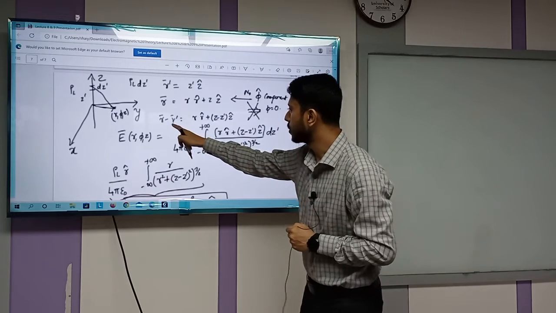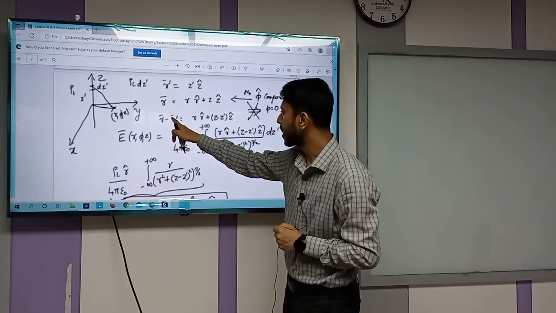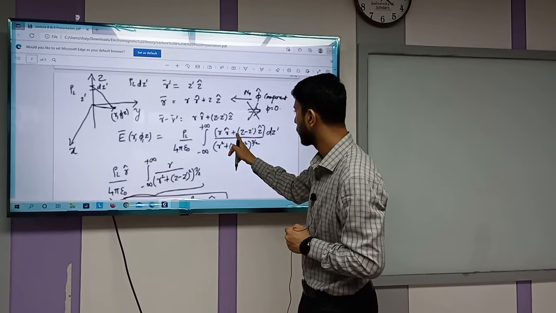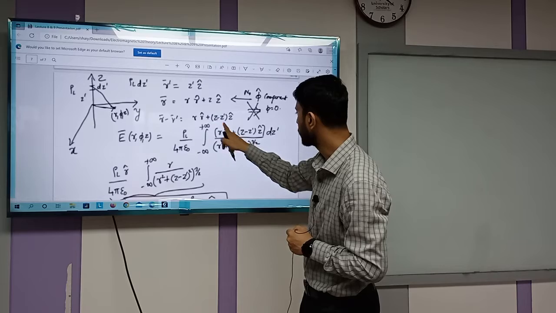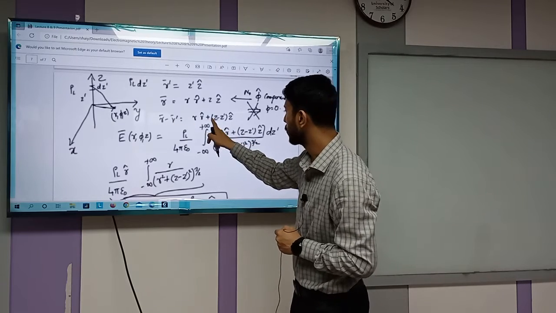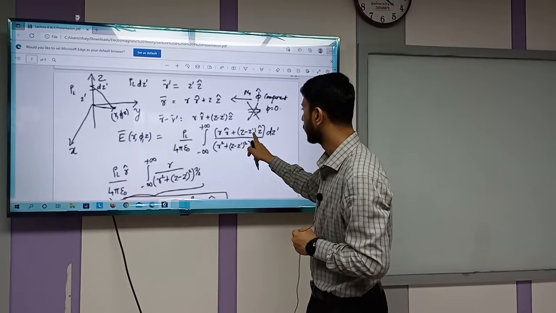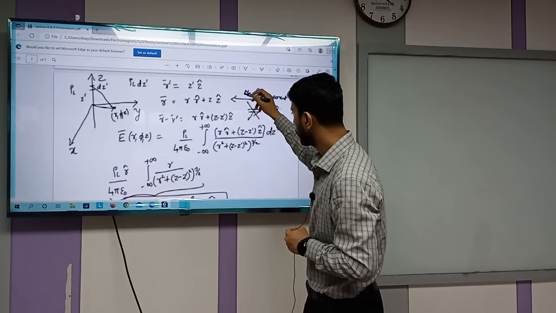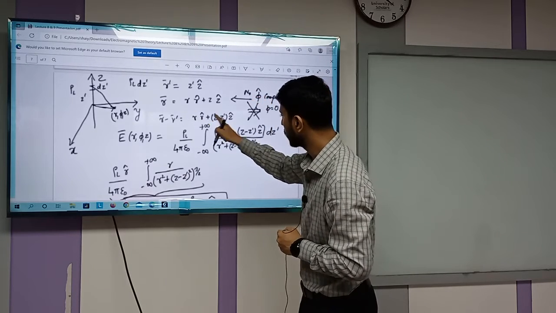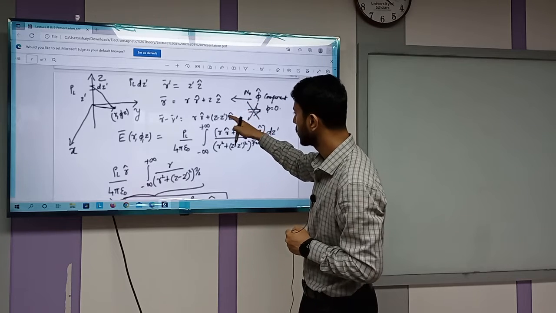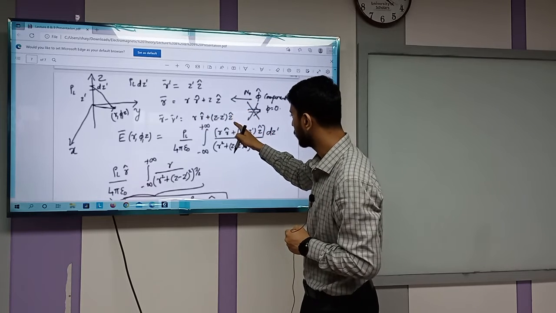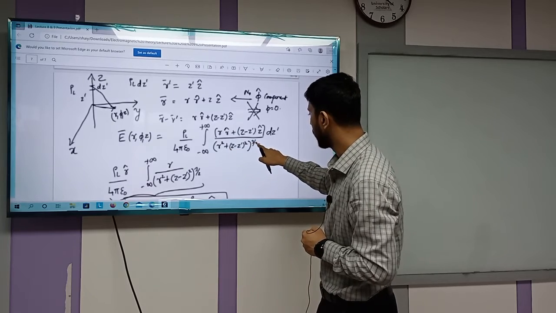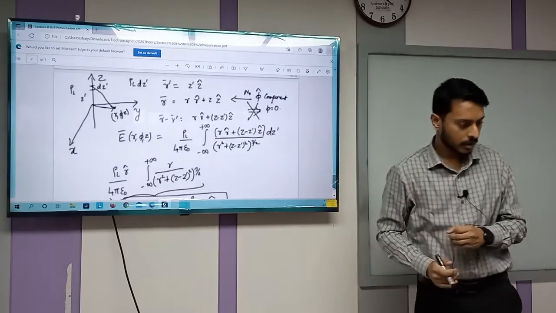Okay? So r bar minus r bar prime is this one. So this is written here. As this is equal to this, we put this here. And we have to take a mod, but we have to take a cube root of this value, which is this one, 3 by 2.